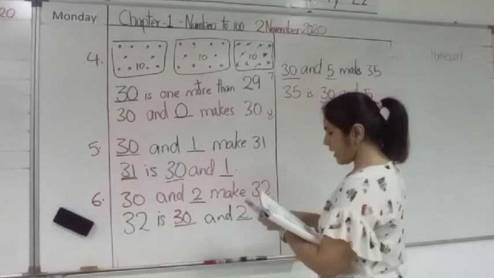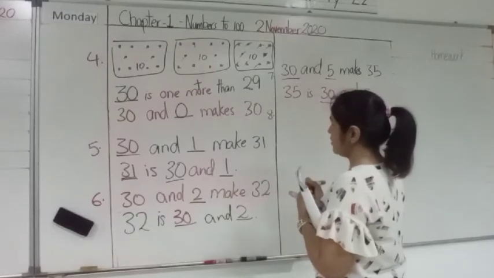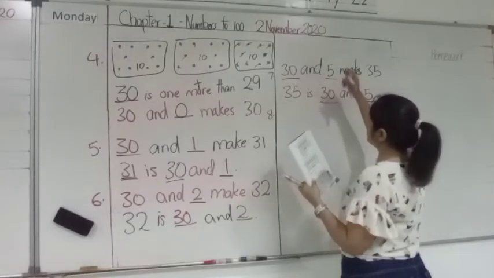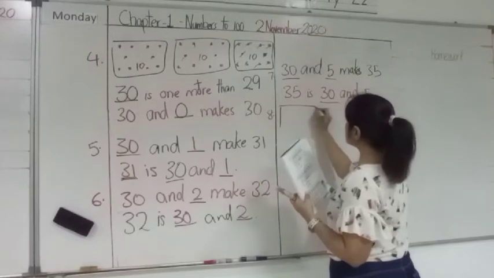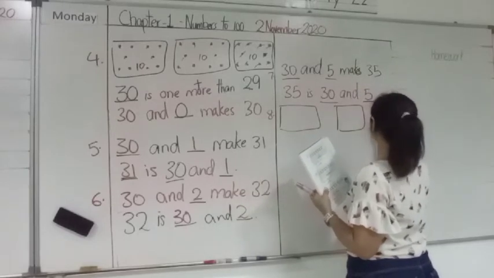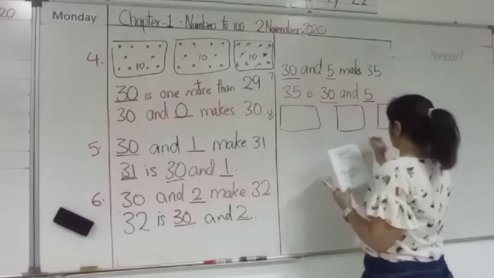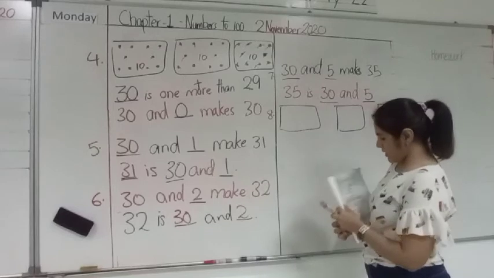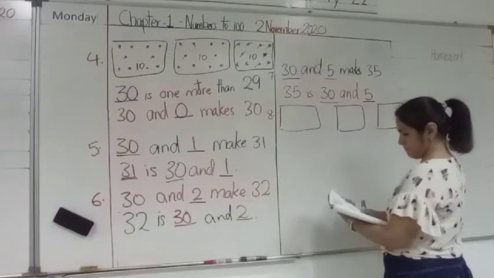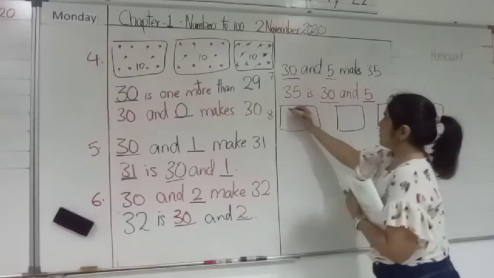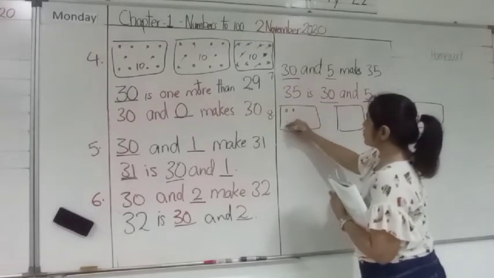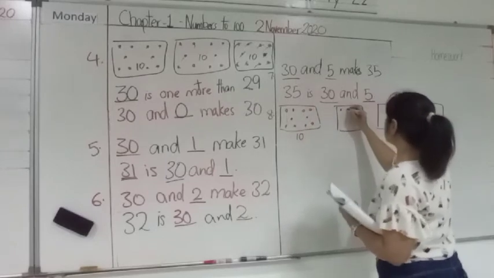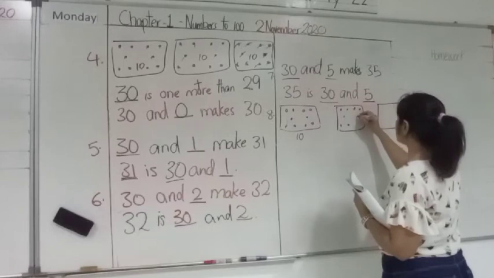So 39, but this one I'm going to draw dots for you. If you have noticed, the box has increased. 1, 2, 3, 4, 5. 1, 2, 3, 4, 5. So this is 10. 1, 2, 3, 4, 5. 1, 2, 3, 4, 5.